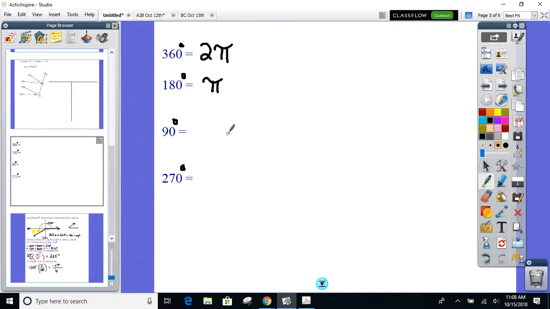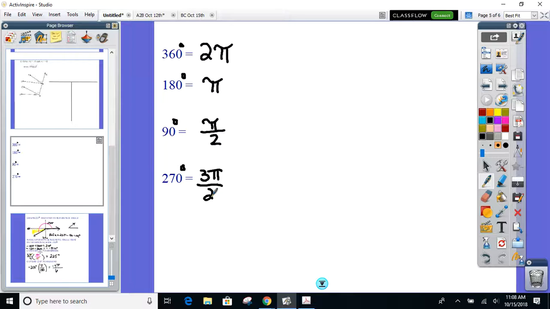What's 90? Pi over 2 or half pi. Okay, what about 270? Halfway in between these two here. 1.5 pi. You're correct. We write it as 3 pi over 2, 1.5. Just want you to be familiar with those three right there.